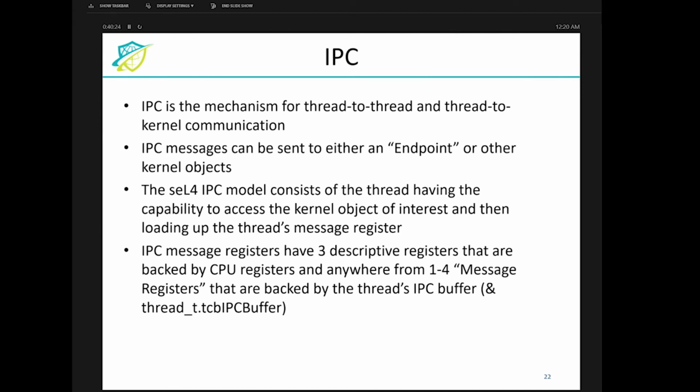So a way around that is sending communication to the kernel, which then the kernel can pass it on to a different thread. IPC goes all the way down into CPU registers. So those message registers are backed by the thread's IPC buffer, like in this slide. And please go to that code for further details.